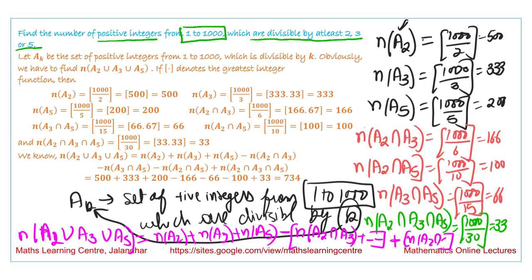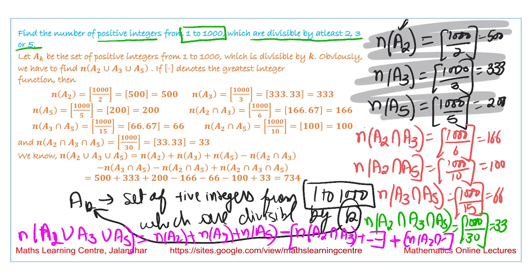We take the sum of the first 3 terms, then subtract the sum of the next 3 terms, and the last value we add.